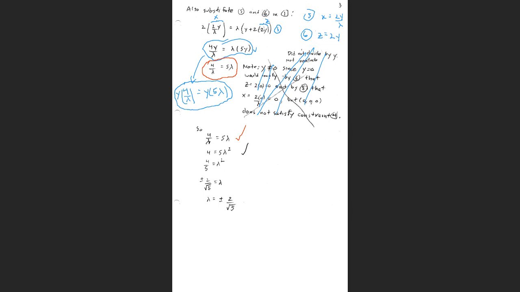So I'm going to multiply through by lambda. Lambda is not equal to 0. And I'm going to get lambda equals plus or minus 2 over root 5.